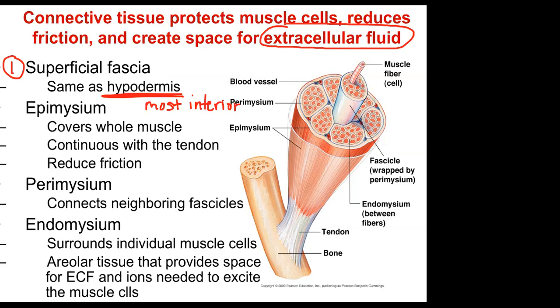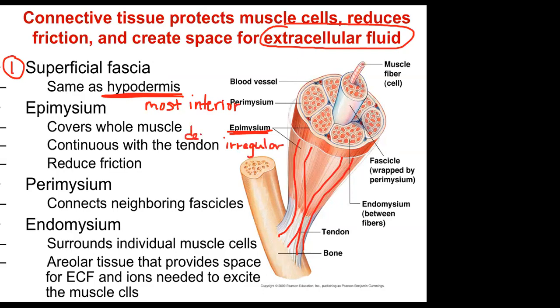Directly on top of the muscle, we have a structure called the epimysium. So I mentioned that earlier in our conversation. And the epimysium is actually connective tissue that is continuous with the tendon. You can draw that in there. The epimysium itself tends to be irregular, so dense, irregular tissue.